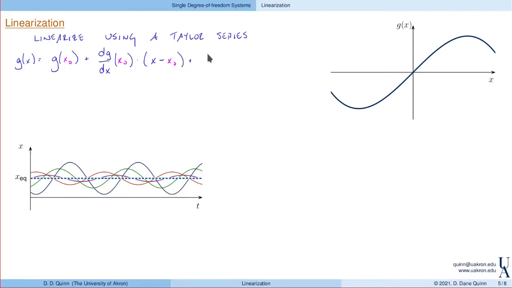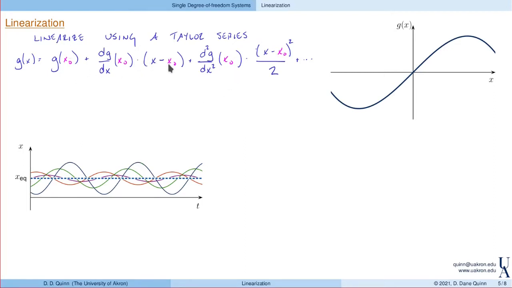And then there are additional terms, right? There's a second derivative evaluated at x0, now times x minus x0 squared divided by 2. And I could keep going with this. So how can I linearize this? Well, remember I said for small displacements.